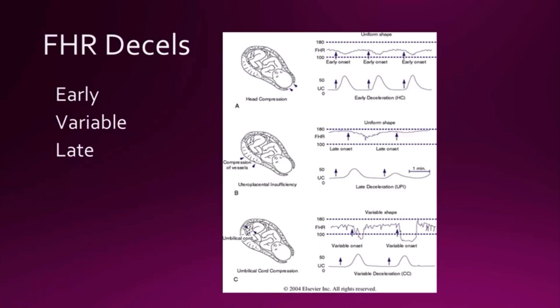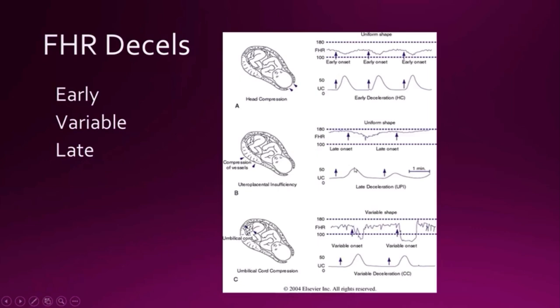The last type of decel that we're going to talk about is going to be your late decels. And your late decels kind of give you a hint. So if this is my contractions here, your late decelerations are going to start to drop at or after the acme or the peak of the contraction. And by the end of the contraction, they're not going to be back up to baseline. So if we look here on this one, here's where my contraction goes up.